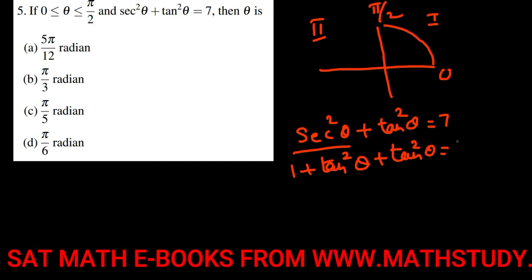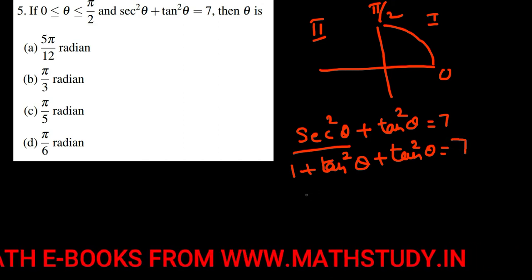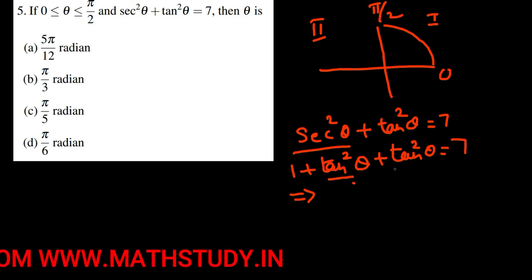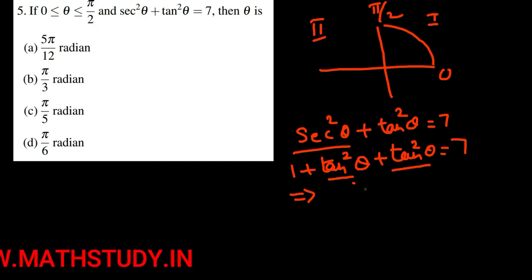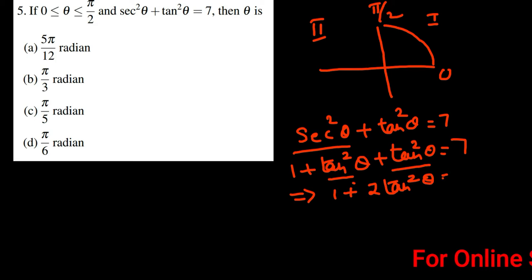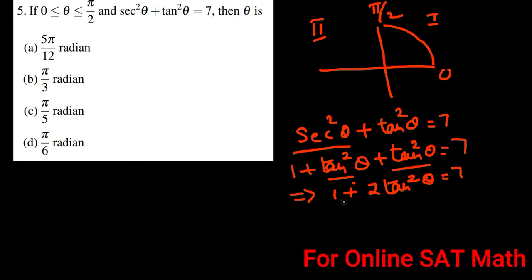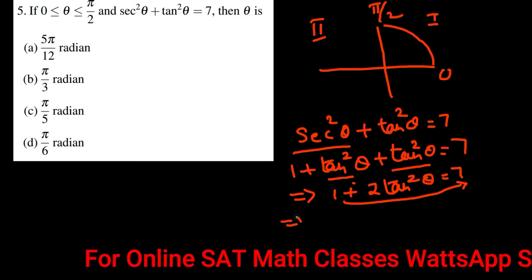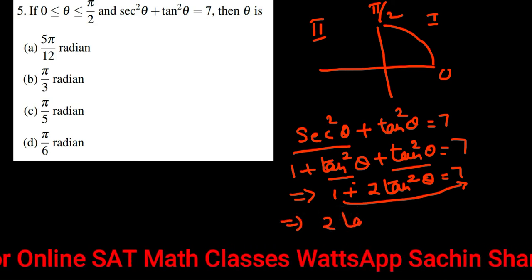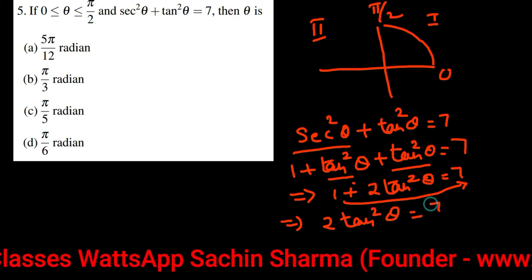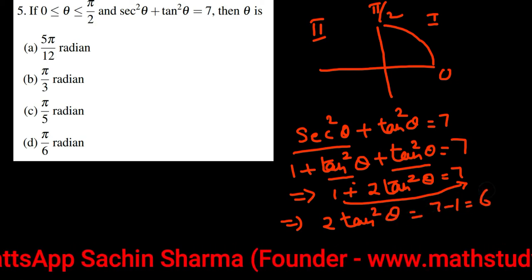1 plus tan square theta plus tan square theta is equal to 7 here. So this implies, adding these two terms, tan square theta plus tan square theta is 2 tan square theta, so we have 1 plus 2 tan square theta, right? So 2 tan square theta is equal to 7. Now taking this 1 towards the right side, we will get 2 tan square theta equals 7 minus 1, which is 6, right?